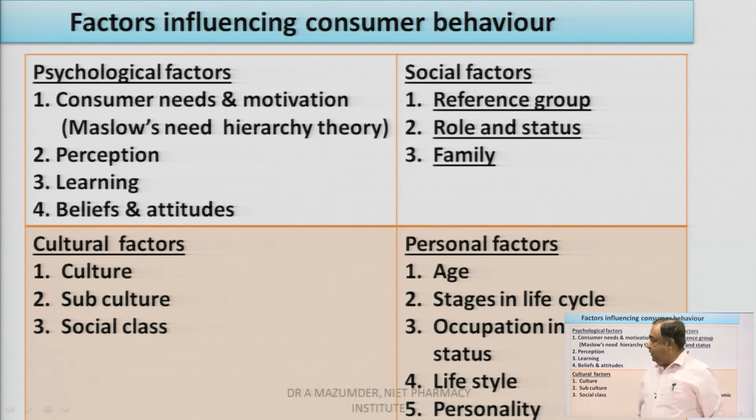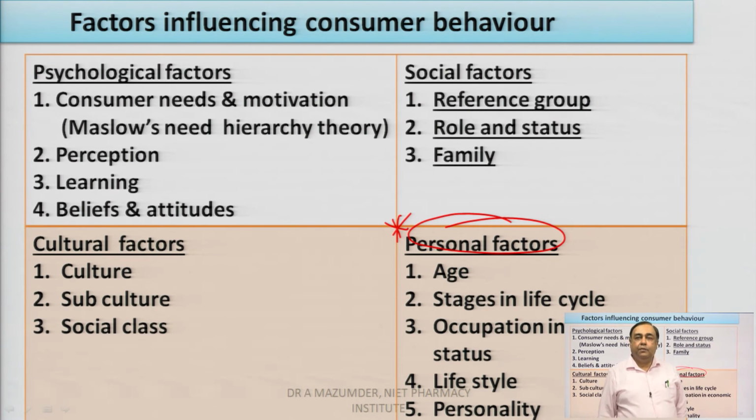A very important one is personal factors. Personal factors mainly include age. Whether he is a young individual of around 20 to 25 years of age, his choice will be something different. The choice of senior people aged 50 or 55 will be different.